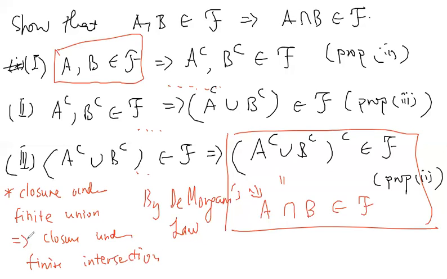You can also show the other way around: closure under finite intersection also implies closure under finite union. So it goes both ways.